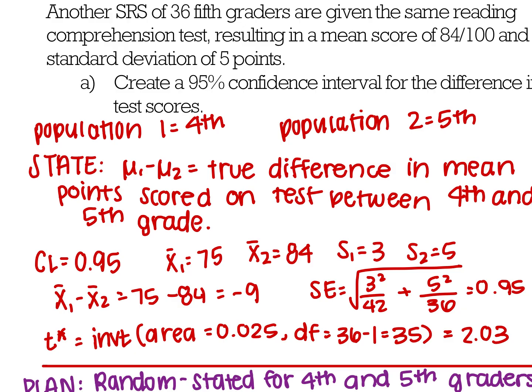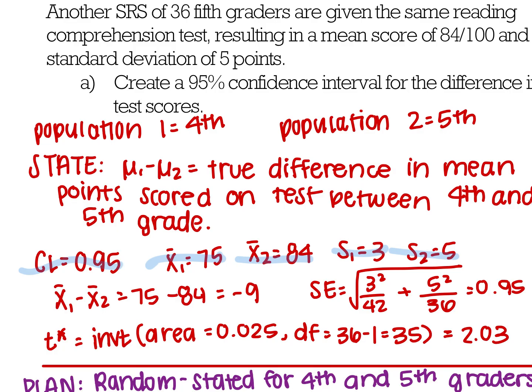Now, the confidence level, we're operating at 95%. Our x bar 1 is 75, x bar 2 is 84, S1 and S2 are 3 and 5 respectively. All of this stuff I'm going to highlight is straight out of the problem. So you'll see this one, this one, this one, this one. All of these are straight out of the problem.